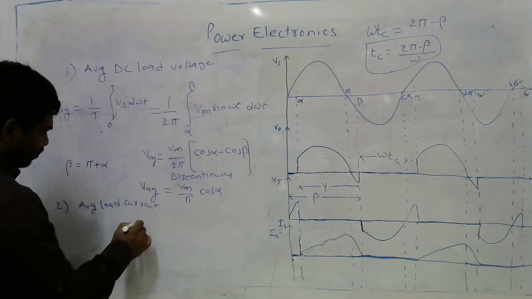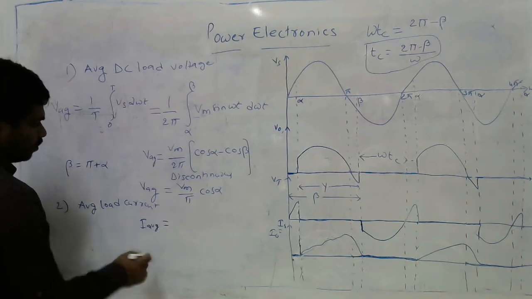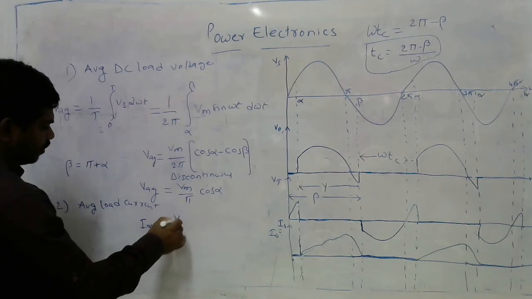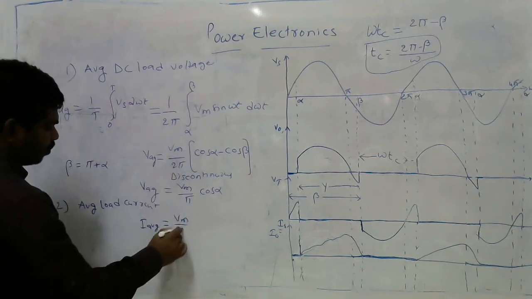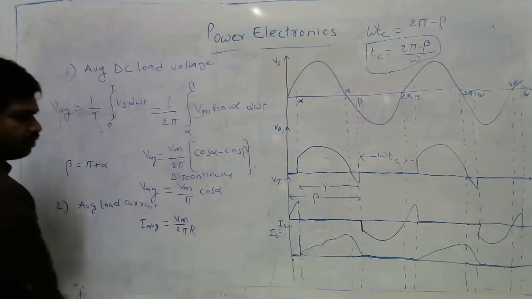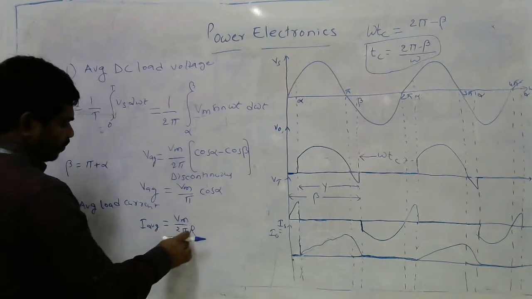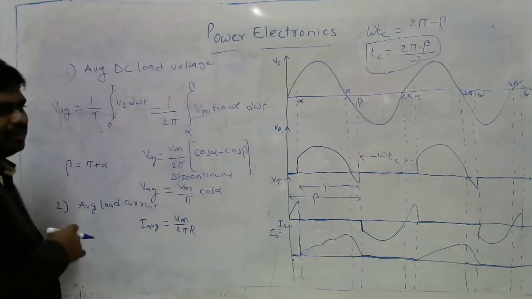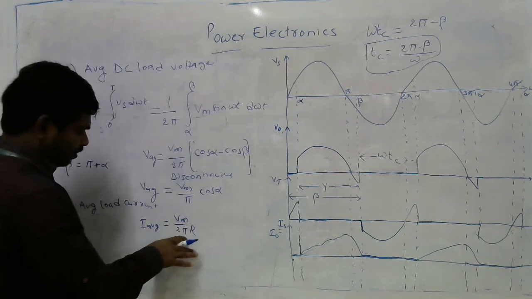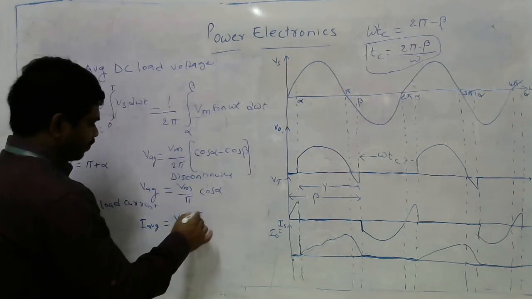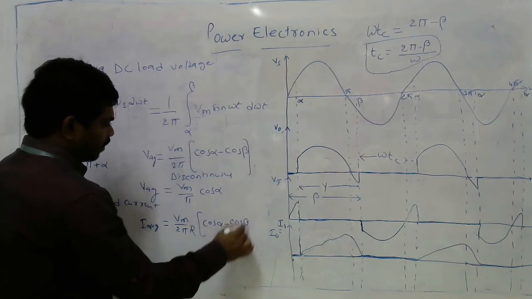We'll see the current over here. V average is equal to, simply we write, Vm upon 2 pi R. When we do transient analysis, we simply get the values for current like this: cos alpha minus cos beta.